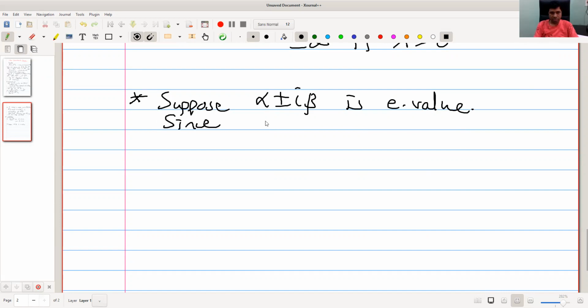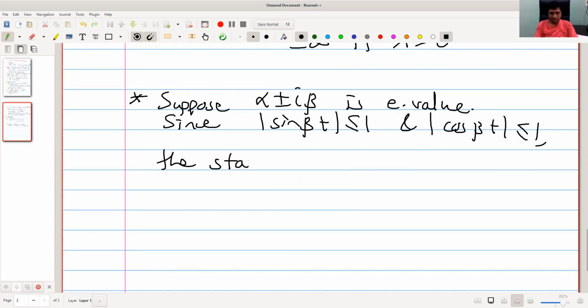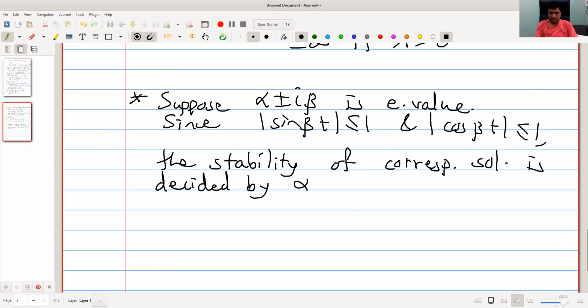Since mod sine beta t is less than or equal to 1 and mod cos beta t is less than or equal to 1 for any beta and t, the stability of the corresponding solution is decided by alpha.